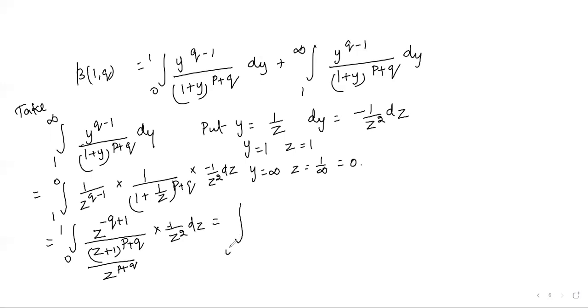So therefore this will become integral 0 to 1 z power minus q plus 1, then keep the denominator as it is, z plus 1 power p plus q. Then take this z power p plus q to the numerator, it will become minus p minus q, and then z power 2 will become z power minus 2.